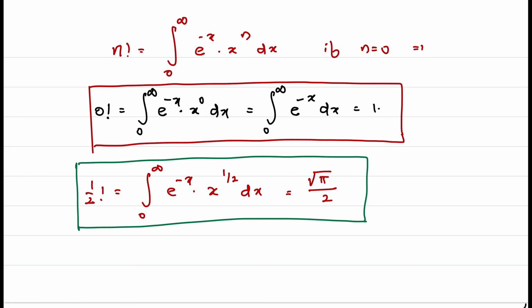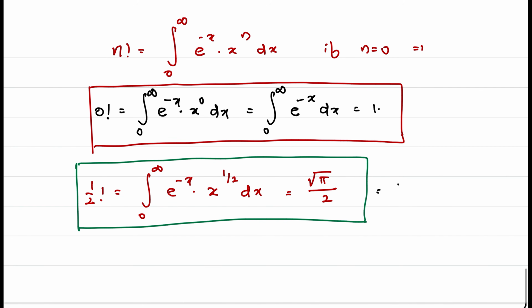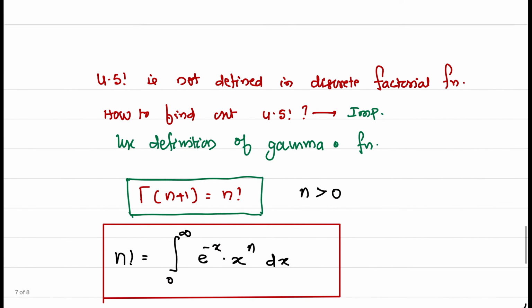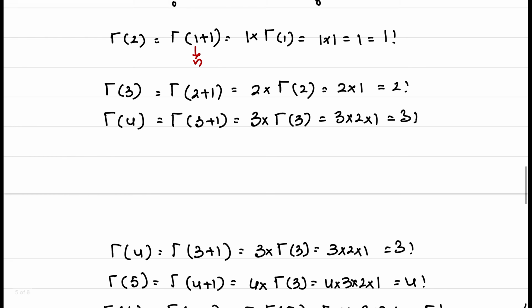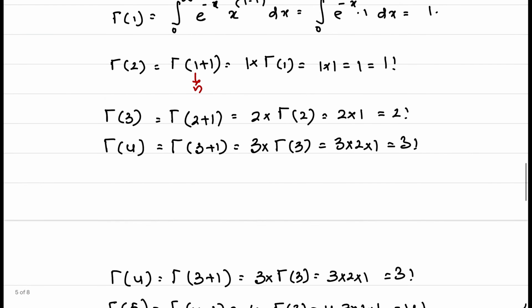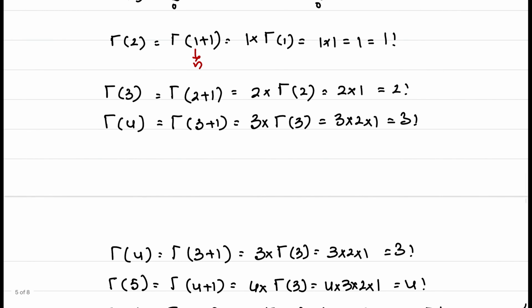Factorial half is nothing but gamma of half plus 1, that is gamma 3 by 2. We have the values of gamma 1, 2, 3, 4, gamma 3 by 2.